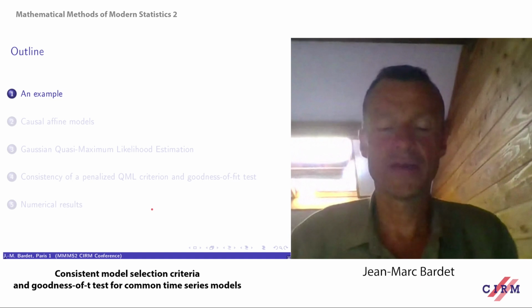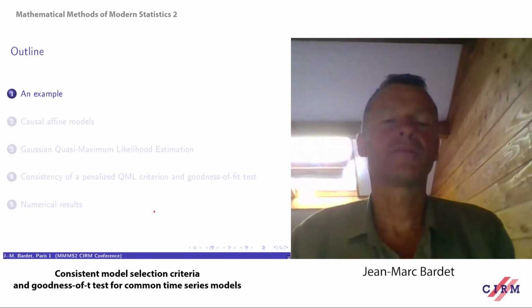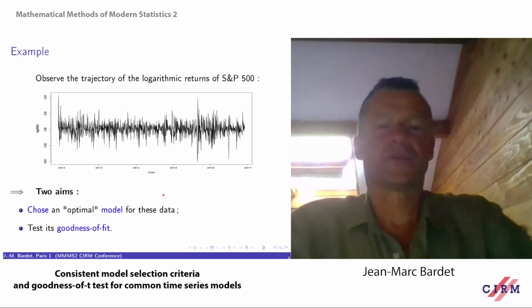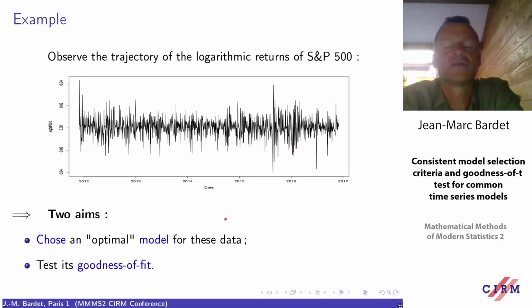I will begin with an example for giving the framework of this talk. This first example is the observation of a trajectory of financial data, which are logarithmic returns of Standard & Poor's.